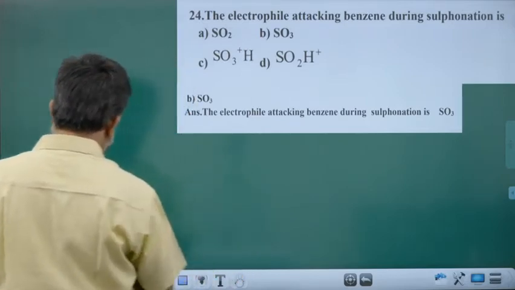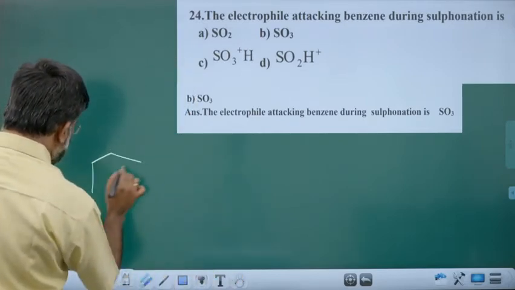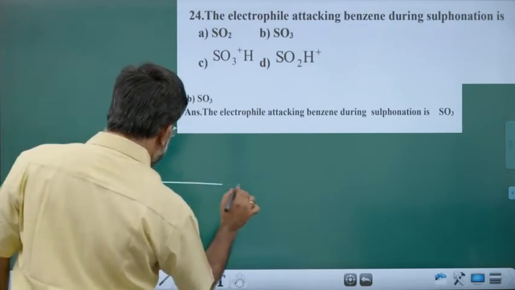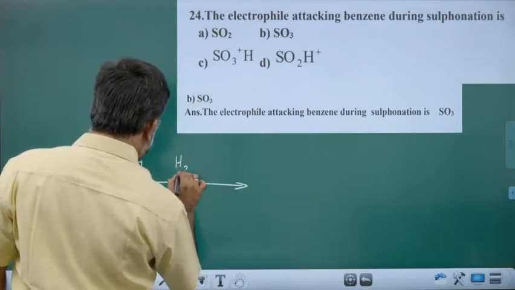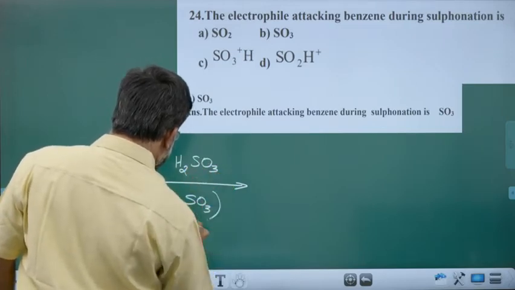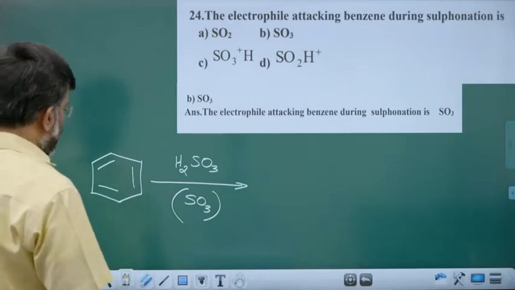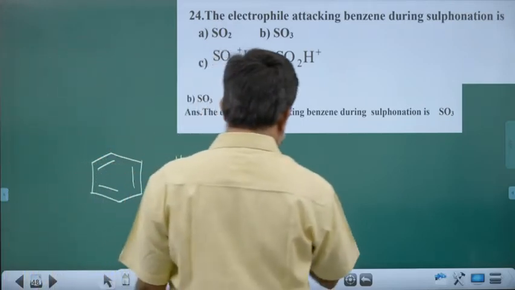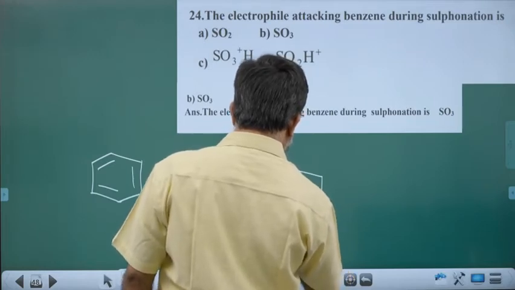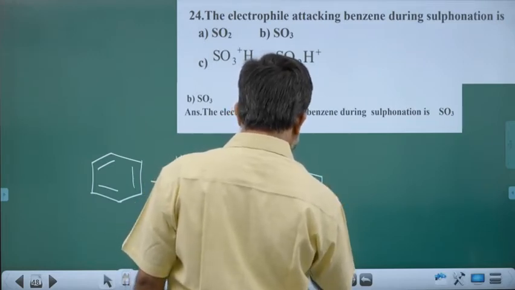You know that, but still. You see, benzene interacting with the fuming sulfuric acid. It will produce SO3. SO3 will attack over the benzene. And see what is the intermediate you are getting.